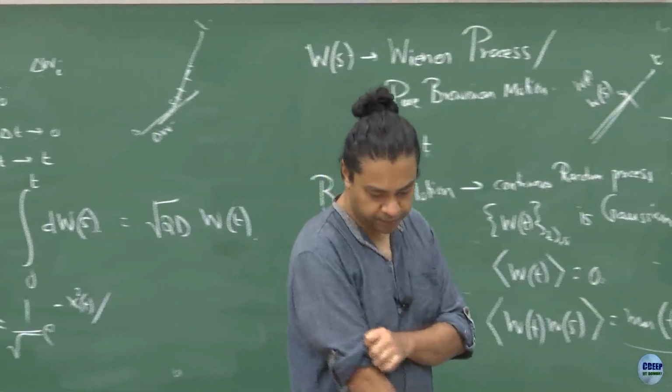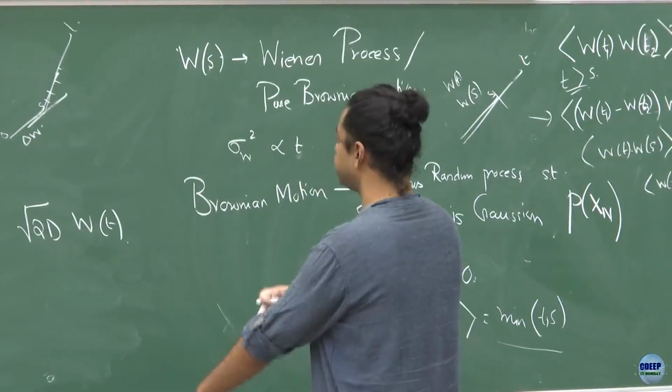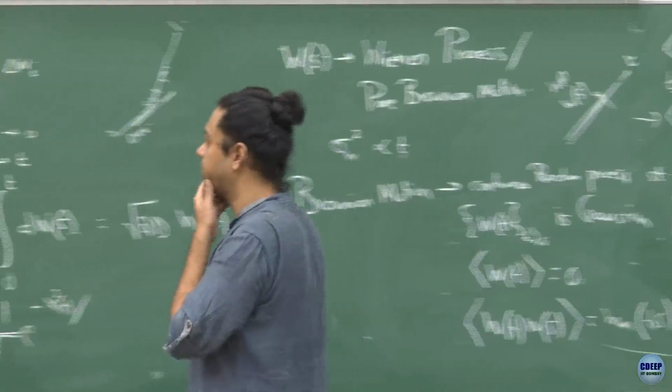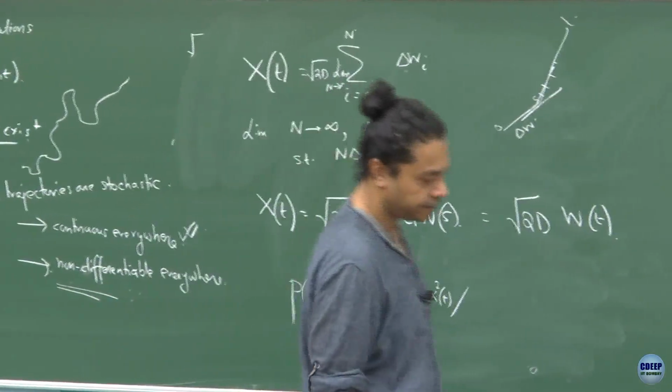Okay, right. So, this was pure diffusion. This is pure diffusion of a particle doing a random walk. The next step would be to think about a particle which is moving under the effect of some external force, right.